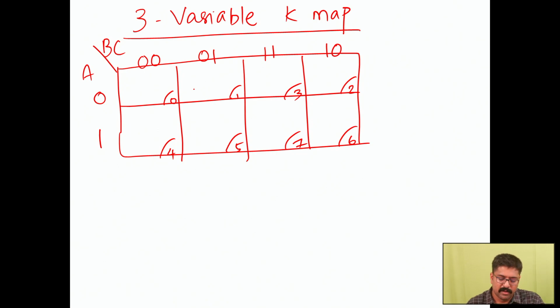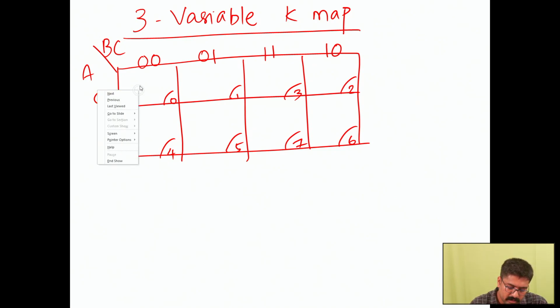See, 0 0 to 0 1 only one bit transition is happening, and from this cell to this cell only one bit transition is happening. So from one cell to the next adjacent cell, only one bit transition should happen.